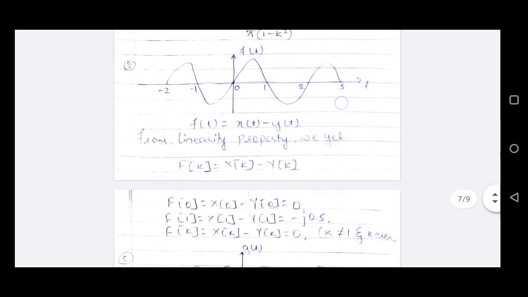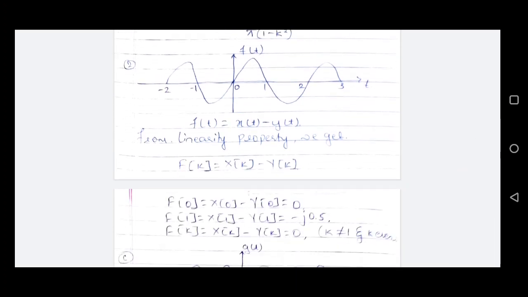So the time domain representation is f of t equals x of t minus y of t. And from the linearity property, we know that their Fourier series coefficients will also be subtracted. So f of k, which are the Fourier series coefficients of the signal f of t, will be x of k minus y of k, where x of k and y of k are the Fourier series coefficients of x of t and y of t respectively.